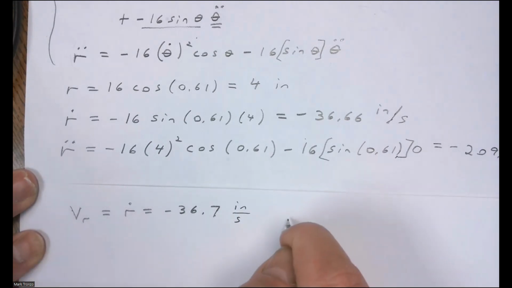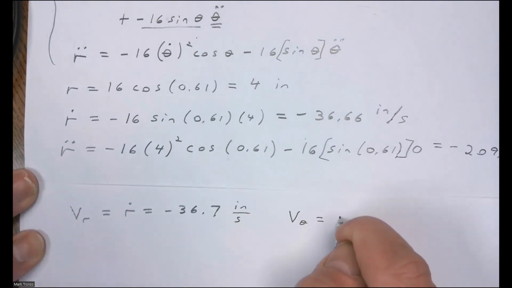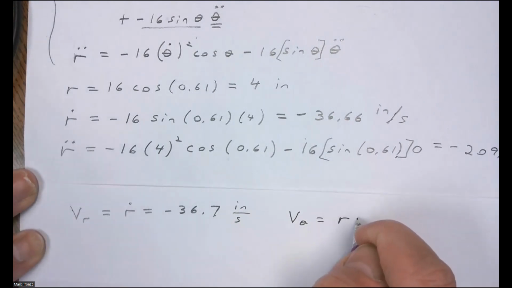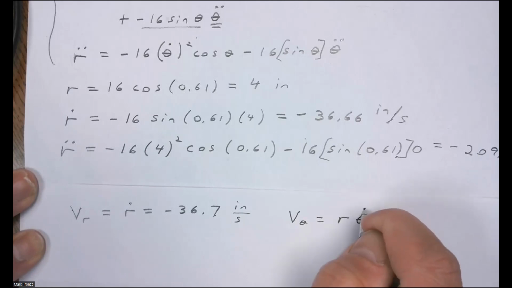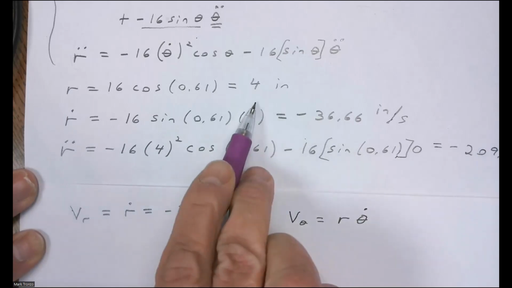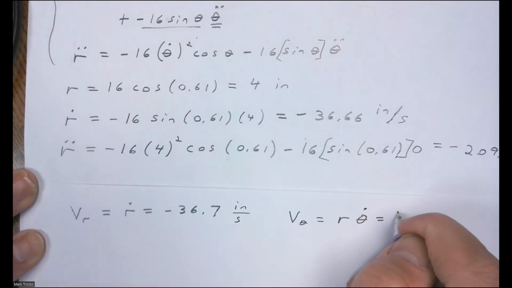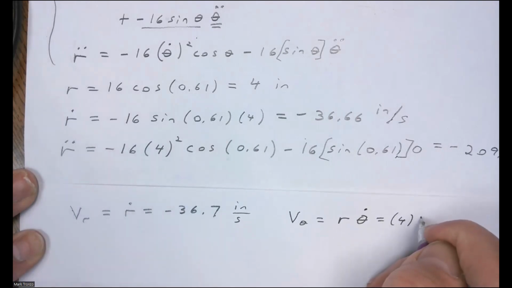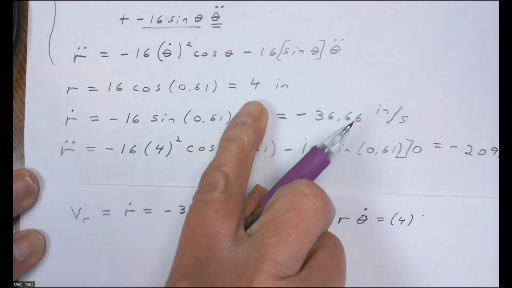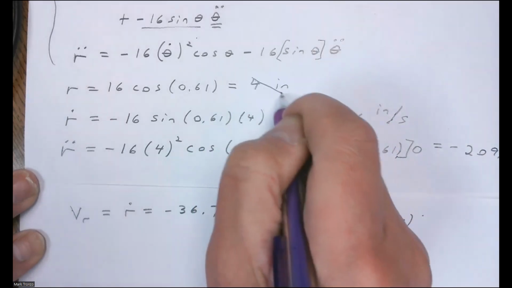And v theta was r times theta dot. R up here was 4. Excuse me, I made a mistake back here.